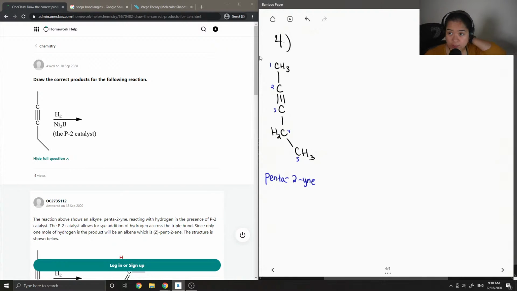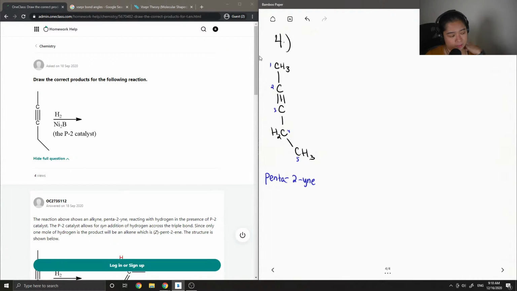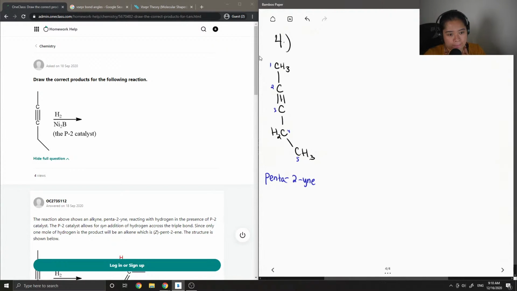So the yne is to tell us that there is a triple bond. So this reacts with H2 and this P2 catalyst, which is nickel based.